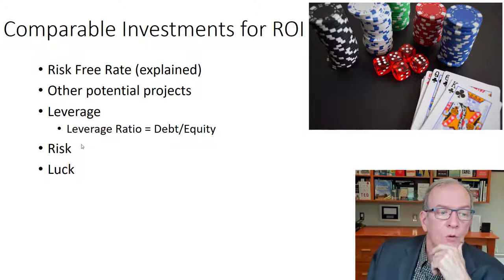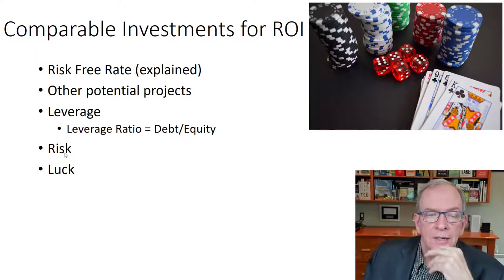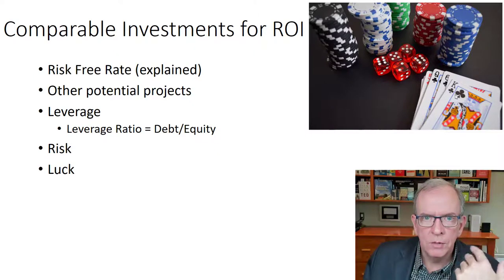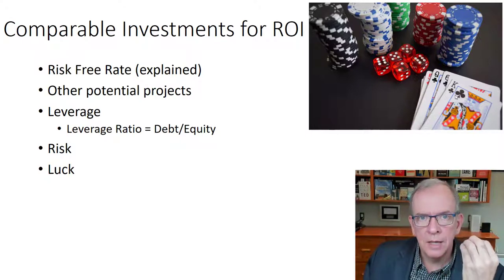The other point that I want to make is luck. Business owners often forget the role that luck plays. You can be really good at playing cards, right? You could be really good at poker, but there is a small element of luck involved because you're playing with probabilities.